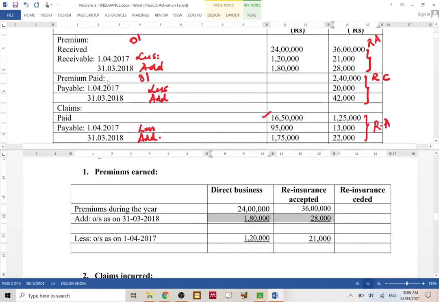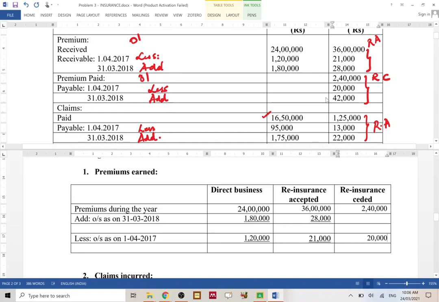Now is premium paid on reinsurance ceded. Now this is of the current year. When nothing is mentioned, whether it's outstanding or not, it is of the current year. So 2,40,000. Reinsurance ceded, payable on 1st April 2017, that is of the last year, which you have to minus, is 20,000, and less outstanding will come over here.